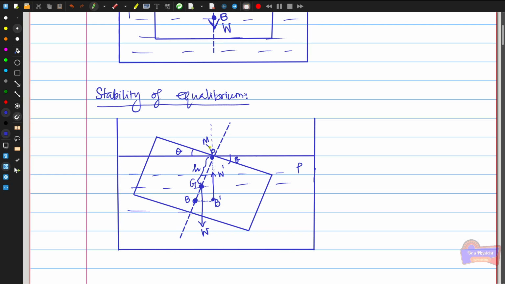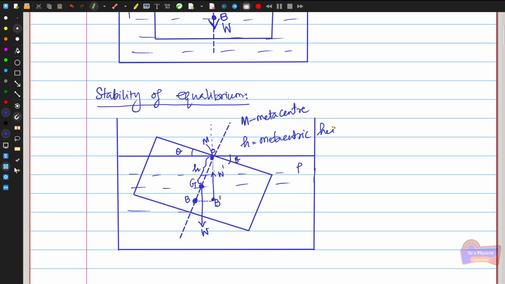This point M is called the metacenter of the body, and the distance between this point M and the center of gravity G is known as the height H, which is called the metacentric height. So this height H is equal to the metacentric height.